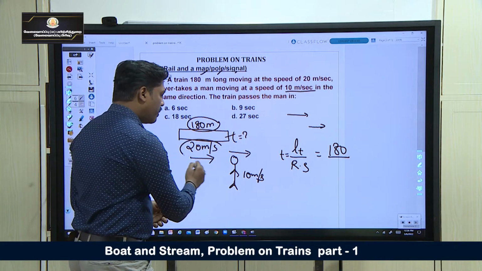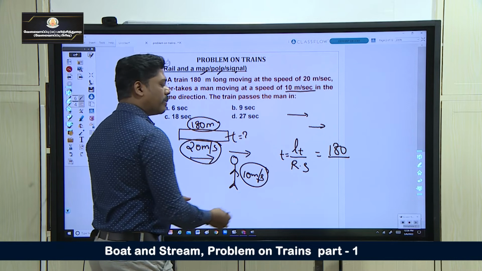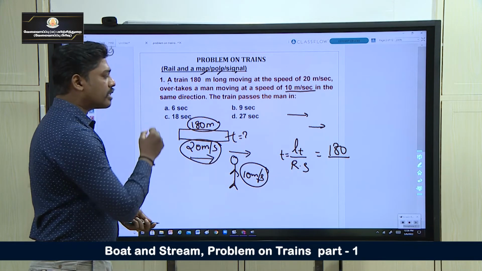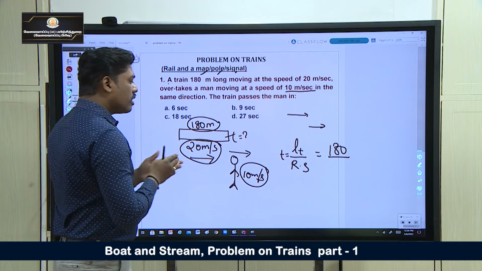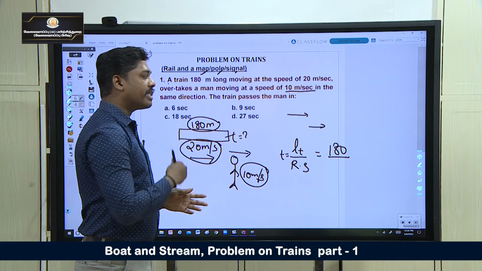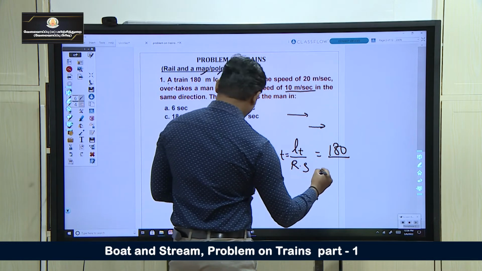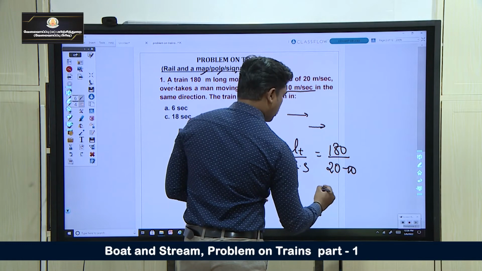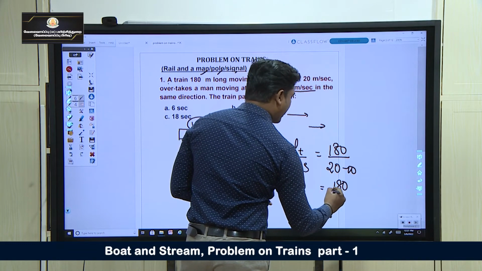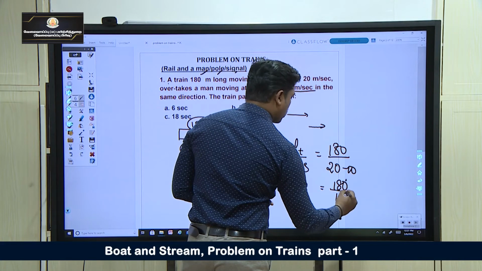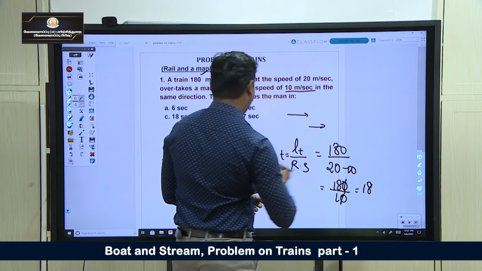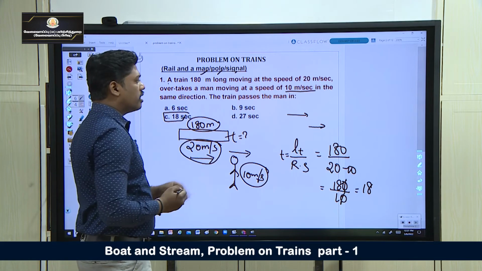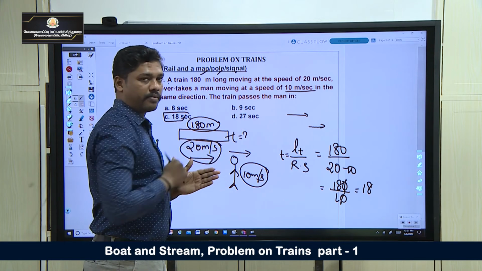We have two speeds here, so you must find relative speed. They are moving in the same direction, so it is the difference between their speeds. 20 minus 10, you get 180 divided by 10. So in 18 seconds the train will pass the man.